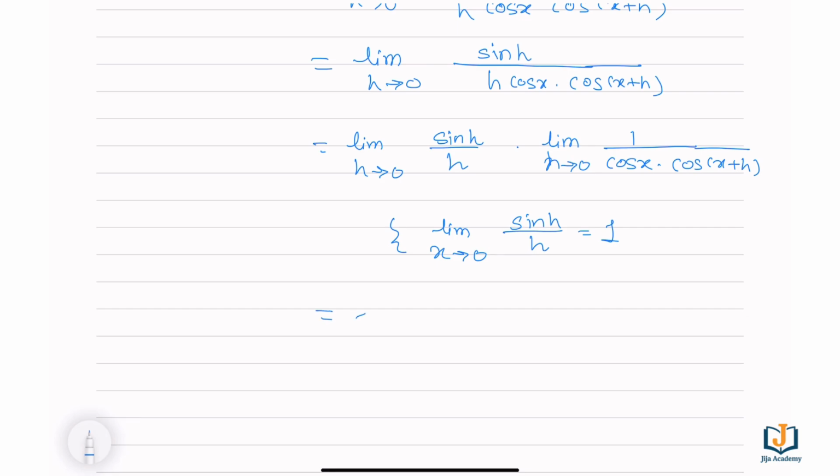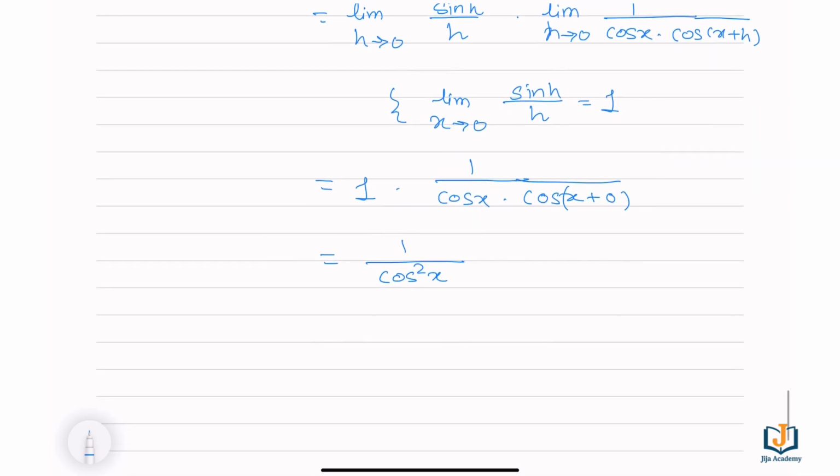So we get here the answer 1 into 1 upon cos x into cos (x plus 0). So we get 1 upon cos square x, which is equal to sec square x. So differentiation of tan x is equal to sec square x.